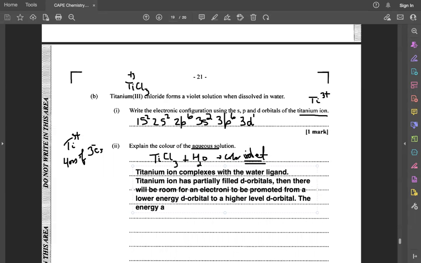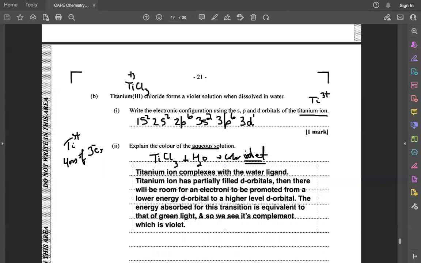The energy absorbed for this transition is equivalent to that of green light, and so we see its complement, which is violet, right?